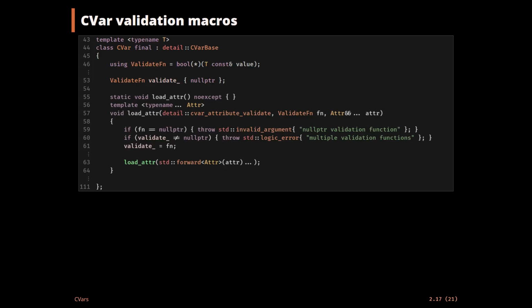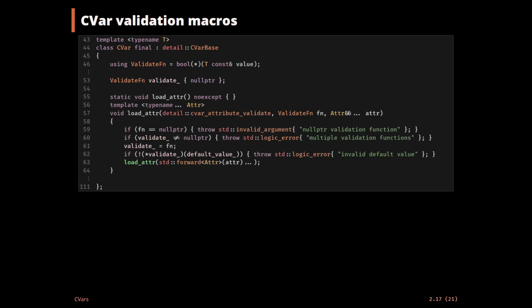If you want to compose the behavior, that's your own job to do that. And then we actually call the validation function on the default value. We want to make sure that whatever default value you gave must be a valid value. Otherwise, you know, you're kind of screwing with the system here. So that's it. That's how the validation works inside of the CVar object.